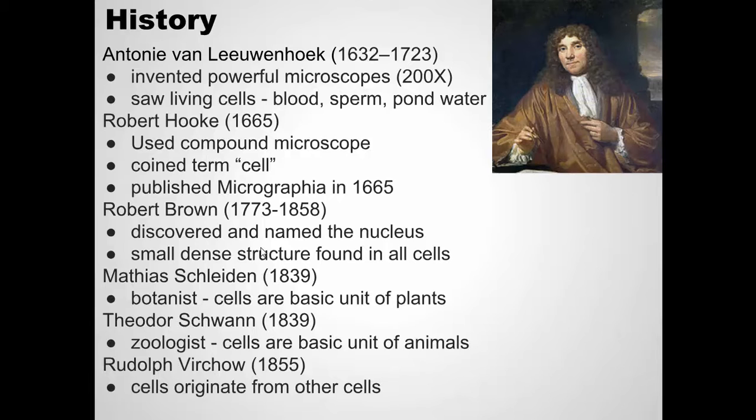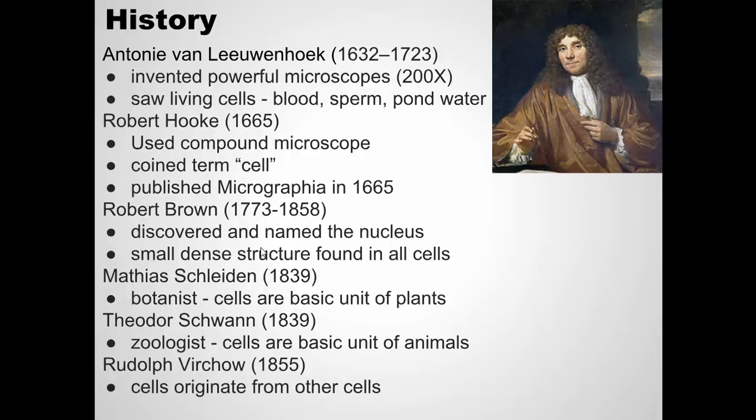His lenses were single lens microscopes, not compound microscopes with two lenses, but he was somehow able to fashion these lenses that could magnify an image up to 200 times, way more than any other lens maker at his time could do it. And he was very, very secretive about it. He wouldn't tell anybody how he made these lenses. When people would come to see the microscopes he was making, he'd only show them the inferior ones. He wouldn't show them his best microscopes because he wanted to sort of keep it to himself.